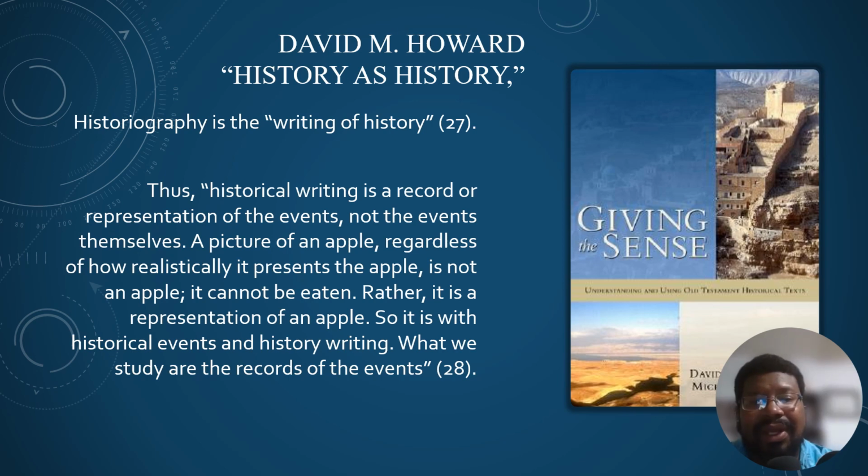You can have different pictorial representations of an apple, but you can't eat it because it's not really the apple. Rather, it is a representation of the apple. So it is with historical events and historical writing. What we study are the records of the events, not the events themselves.